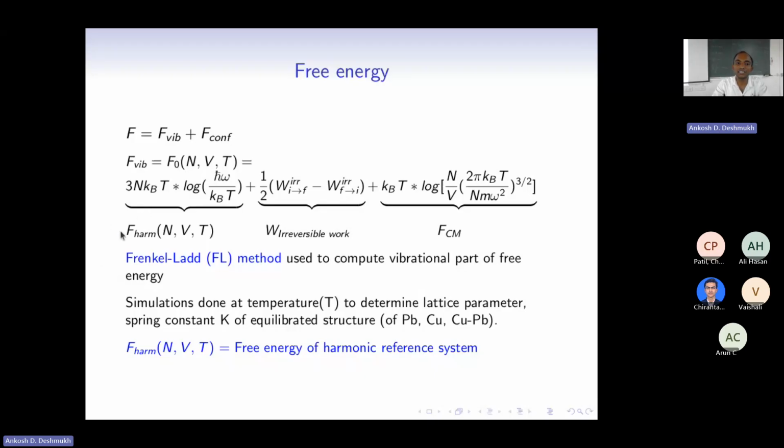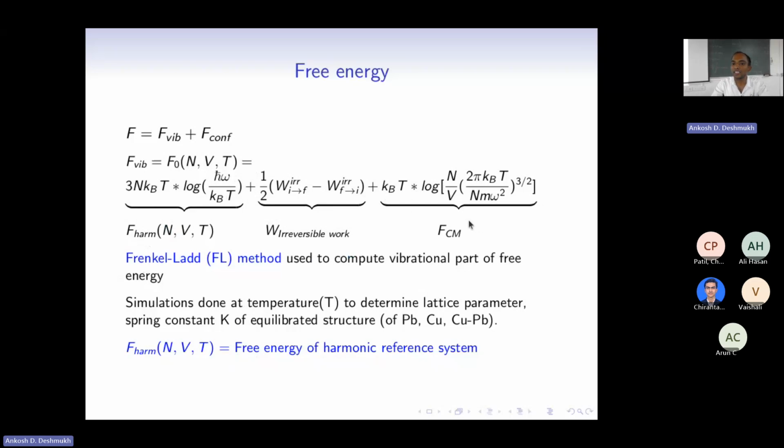The first one is the harmonic contribution to the free energy, which is from the reference systems. The second term gives the irreversible work done in the forward and backward directions; since there are two directions, we divide by 1 by 2 to cancel out.